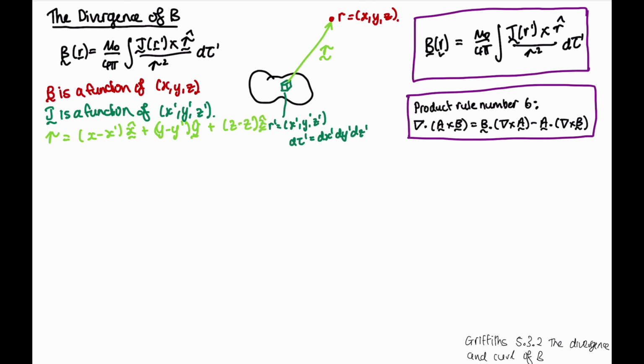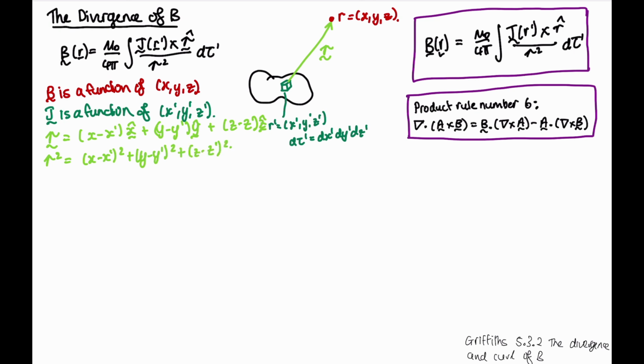And what we're going to need for some of our calculations, because we've got it in this integral up here, is r squared, and that is equal to x minus x prime squared plus y minus y prime squared plus z minus z prime squared.